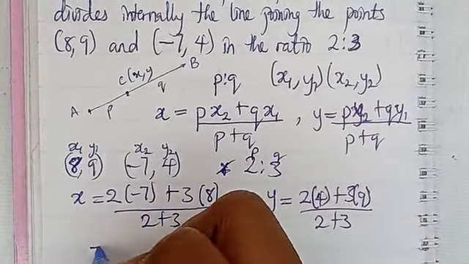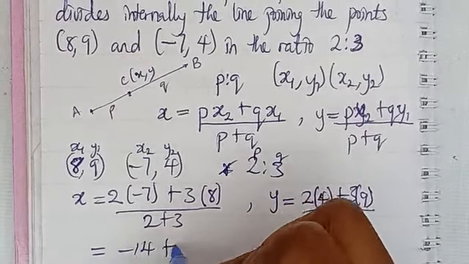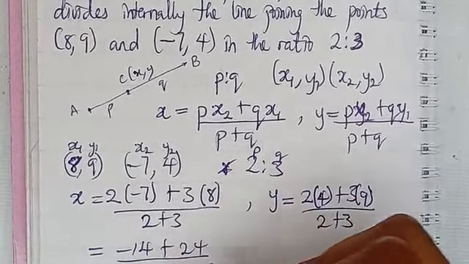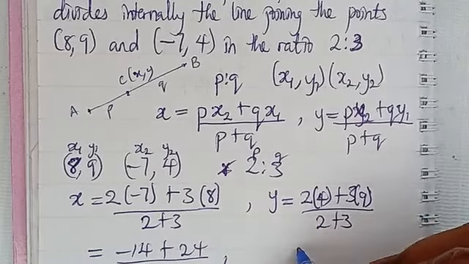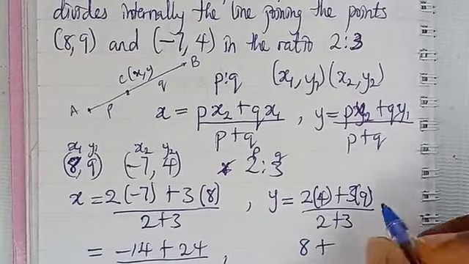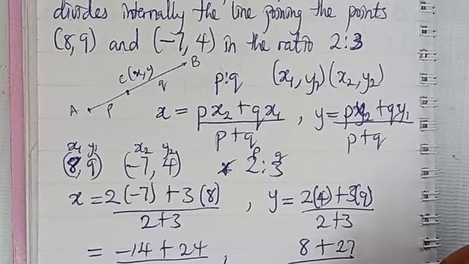Now let's solve. We have 2 times -7 is -14, plus 3 times 8 is 24, over 2 plus 3 is 5. And for y, we have 2 times 4 is 8, plus 3 times 9 is 27, over 2 plus 3, which is 5.